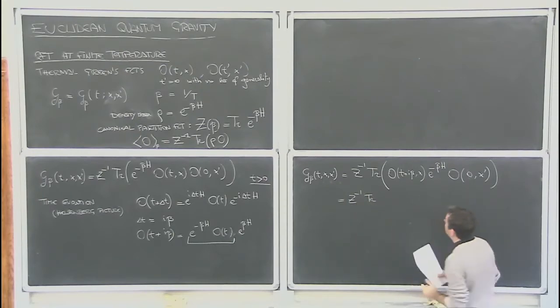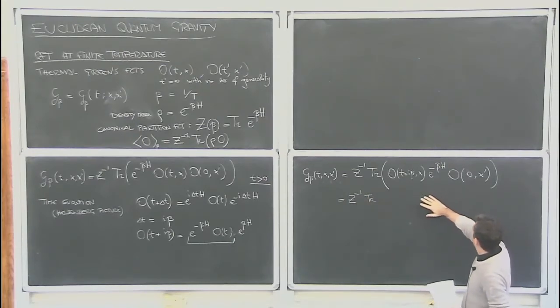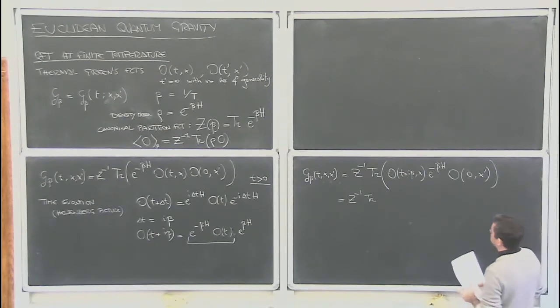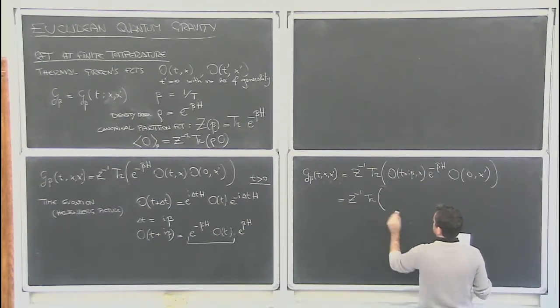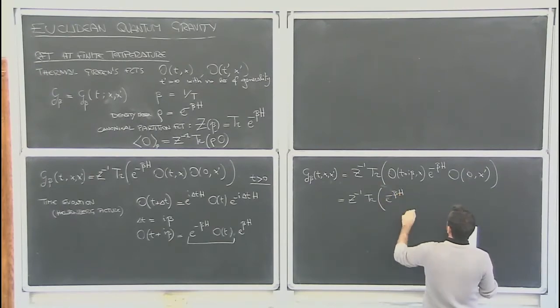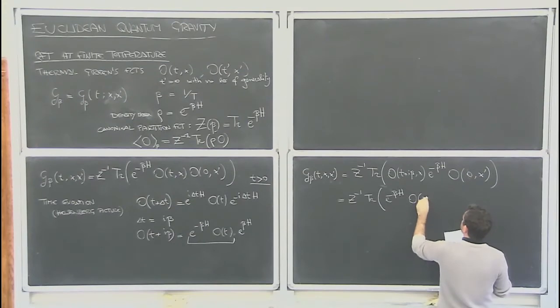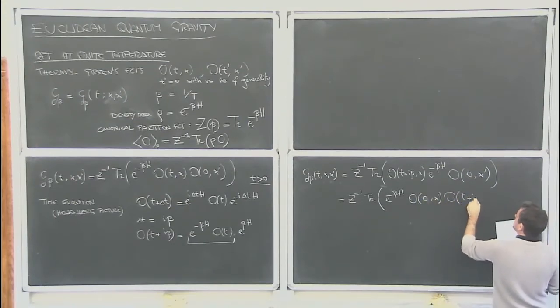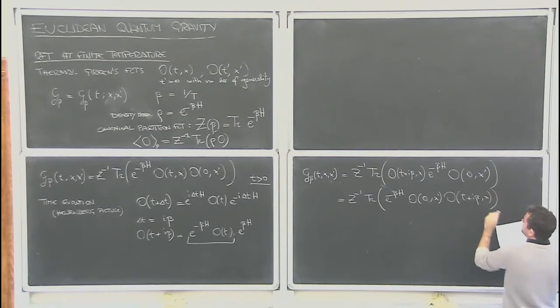Now let's use cyclicity of the trace to reorder things a little bit. So we just copy things, but in a different order. O of 0 x prime, then we have O of t plus i beta x.